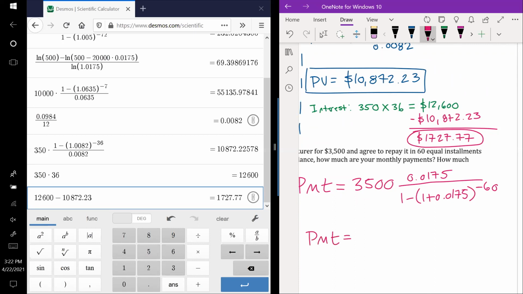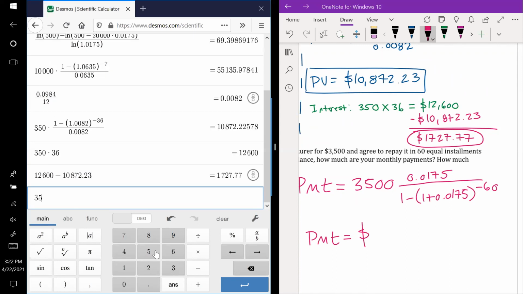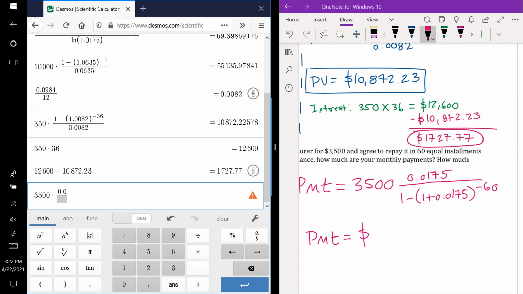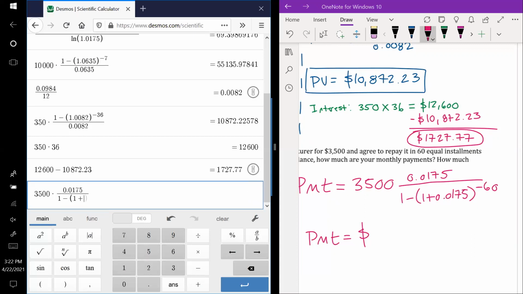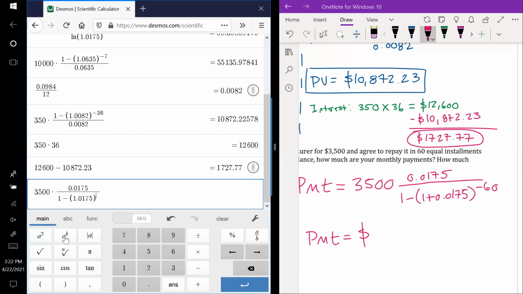And we'll get payment is equal to, and let's see, 3,500 times 0.0175 over 1 minus 1 plus, actually, that's just 1.0175 raised to the negative 60.